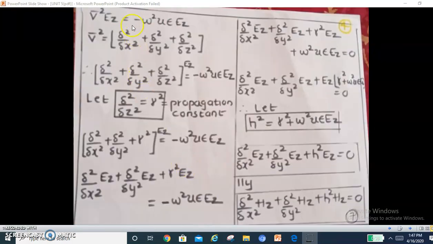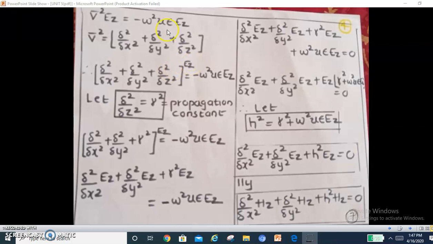Now let us start the mathematical calculation. The Laplace operator del square can be written in this fashion, as you know already. So this Laplace operator is substituted over here, which is nothing but the Laplace operator acting on Ez.